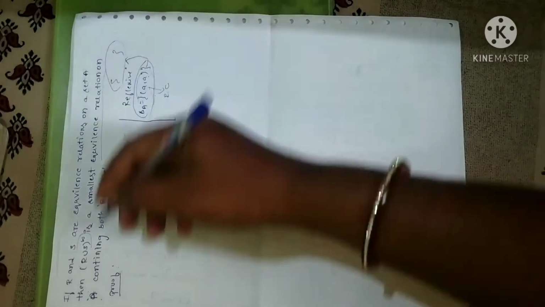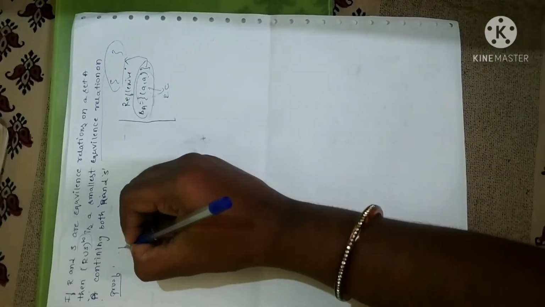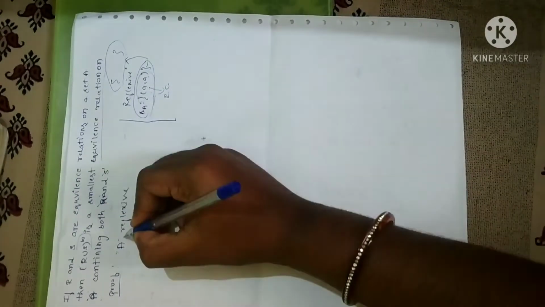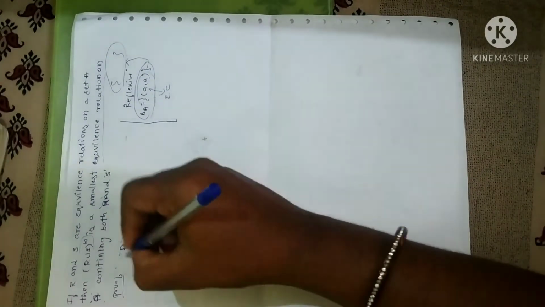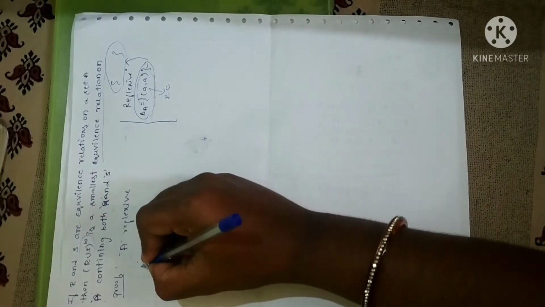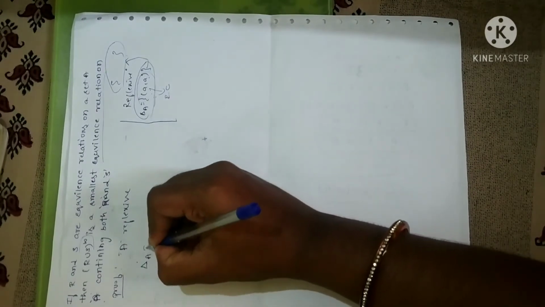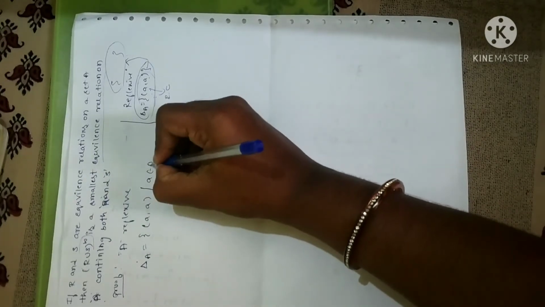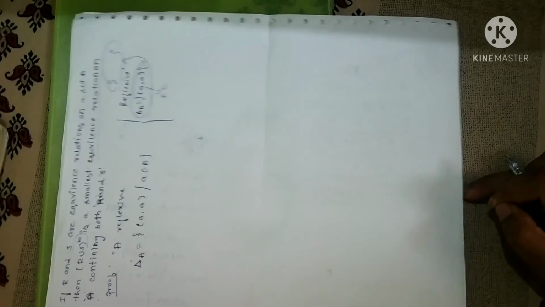So we call this a reflexive closure. Now we know that any relation on a given set A is reflexive only if it contains the elements of the form delta A, that is the pairs (a, a) where a belongs to the given set A. This is from the definition of reflexivity.